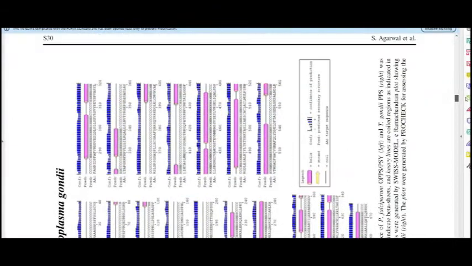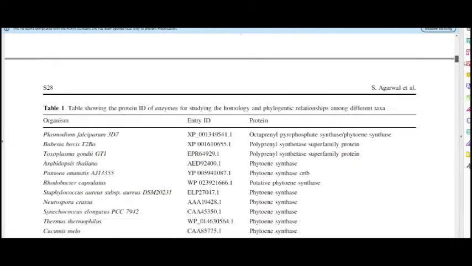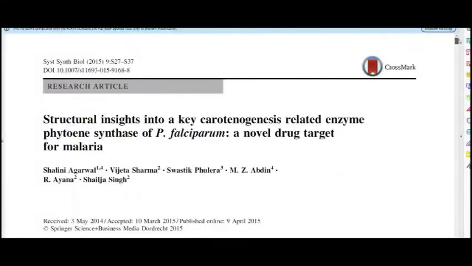It's using structural prediction software to try and guess what the, I mean, it's not just guessing, it's using various algorithms and things known about protein folding and all that kind of stuff to try and develop or predict a structure for the phytoene synthase. And this is a 2015 paper.